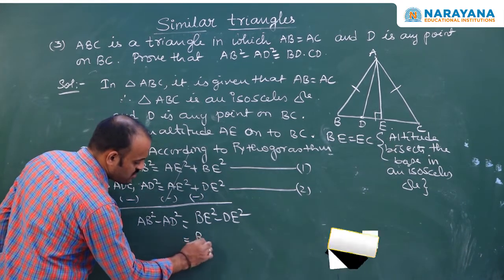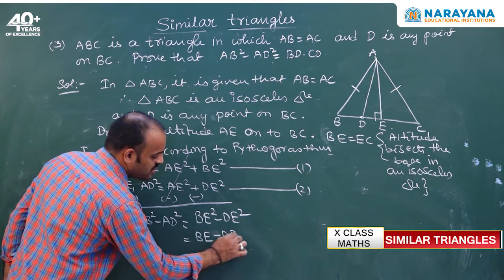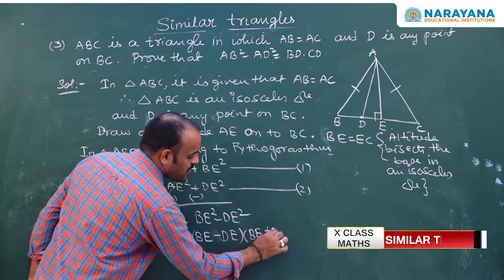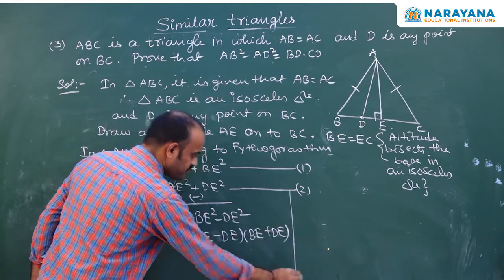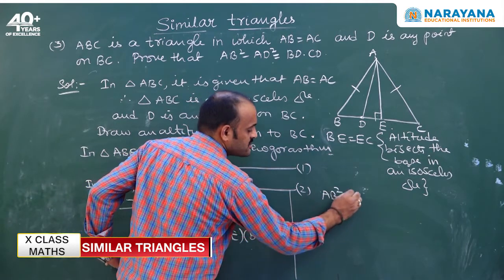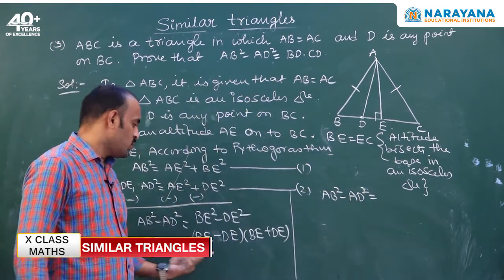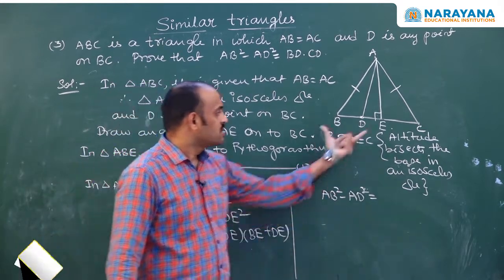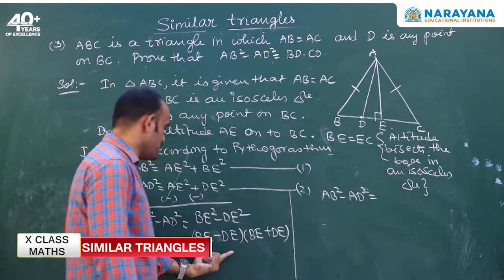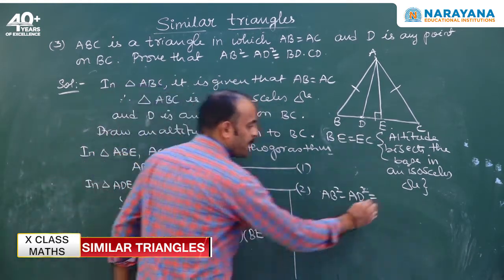I can use BE minus DE into BE plus DE. Therefore, AB square minus AD square is equal to, from the figure, BE minus DE gives you BD.